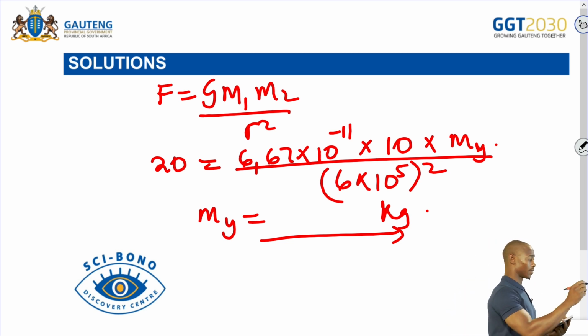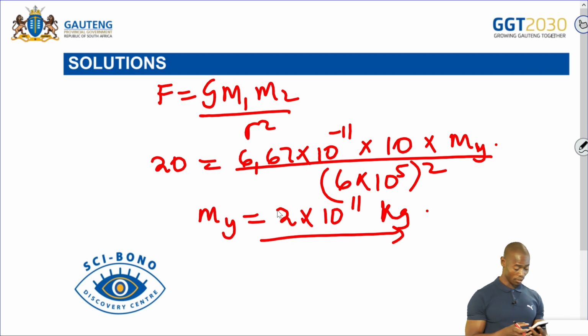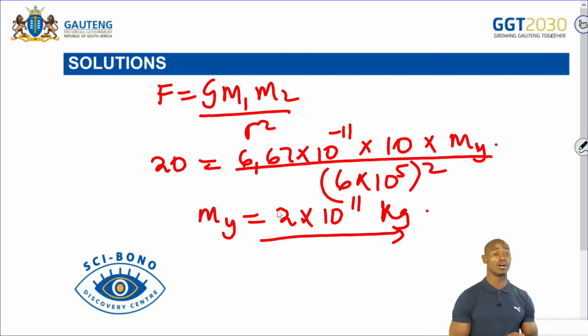So here I'm getting 2 times 10 to the power 11 kilograms. Okay, so what they wanted us to do here is to calculate the mass, right?